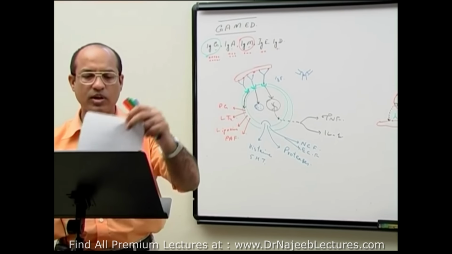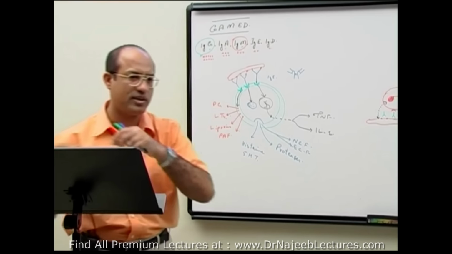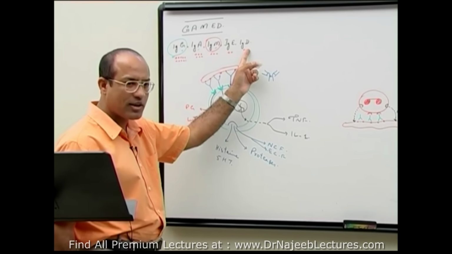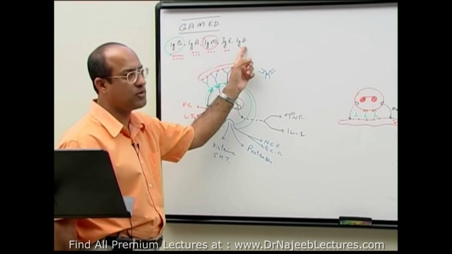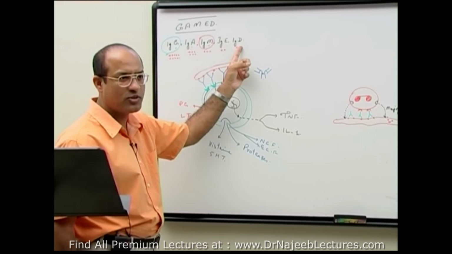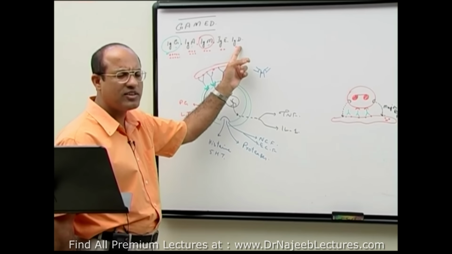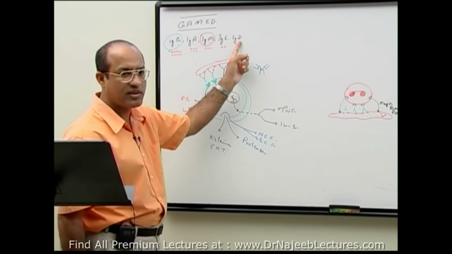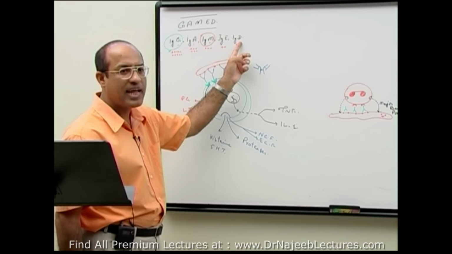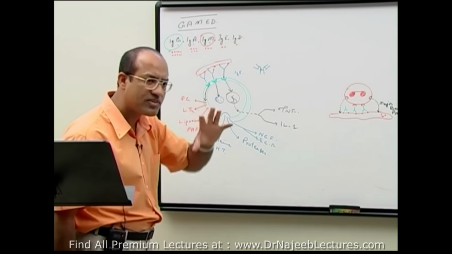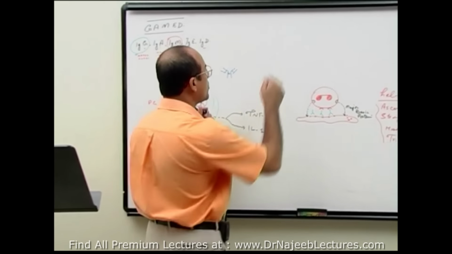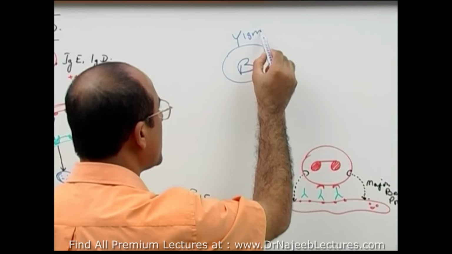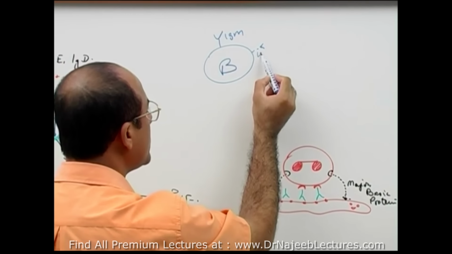And now we come to the last antibody group, and the last class is IgD. The good news about that is we don't know much about it. This is present in the blood in very small amounts, in traces, and it is present on the B cells as B cell receptor. You remember B lymphocytes had IgM on their surface, but there are also some IgD.